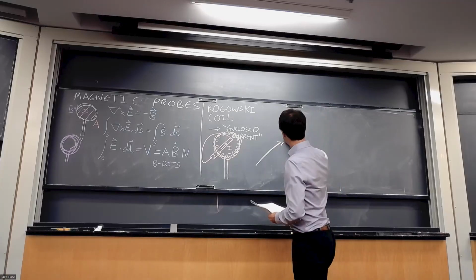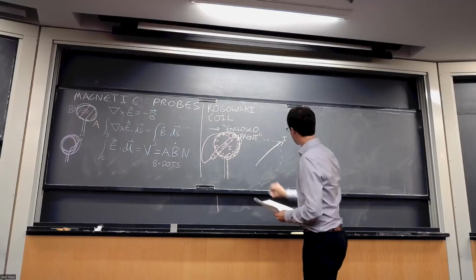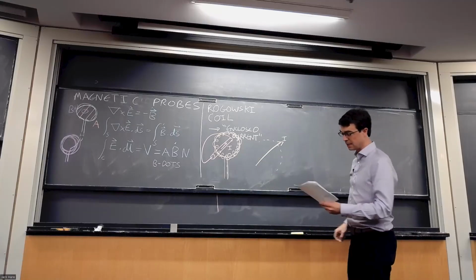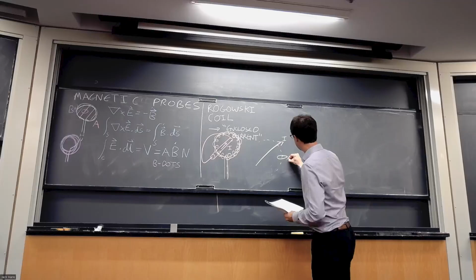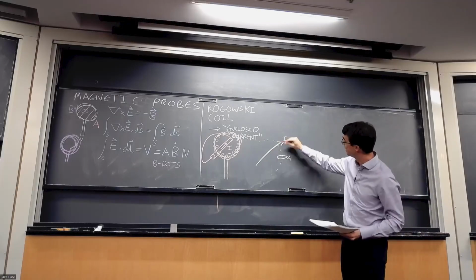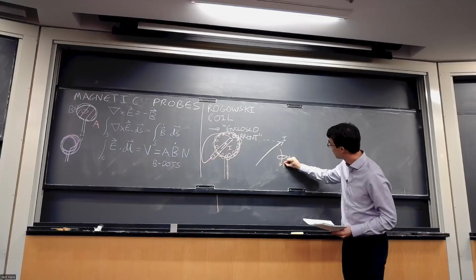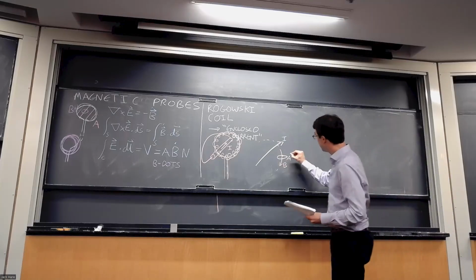Just a simpler diagram. We've got current, we've got some sort of surface like this, and we've got all these little loops. And these little loops have an area. There's a current here, so there's going to be a magnetic field through it, like that. There's going to be two DLs.